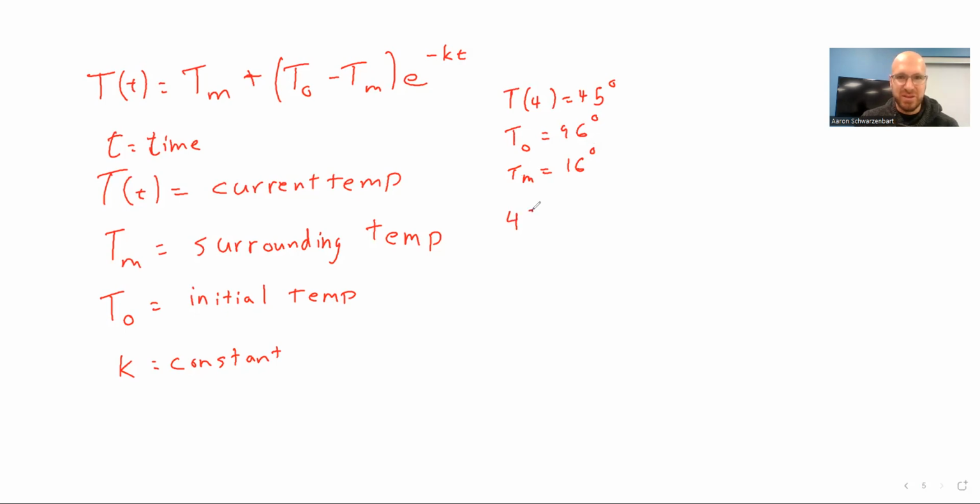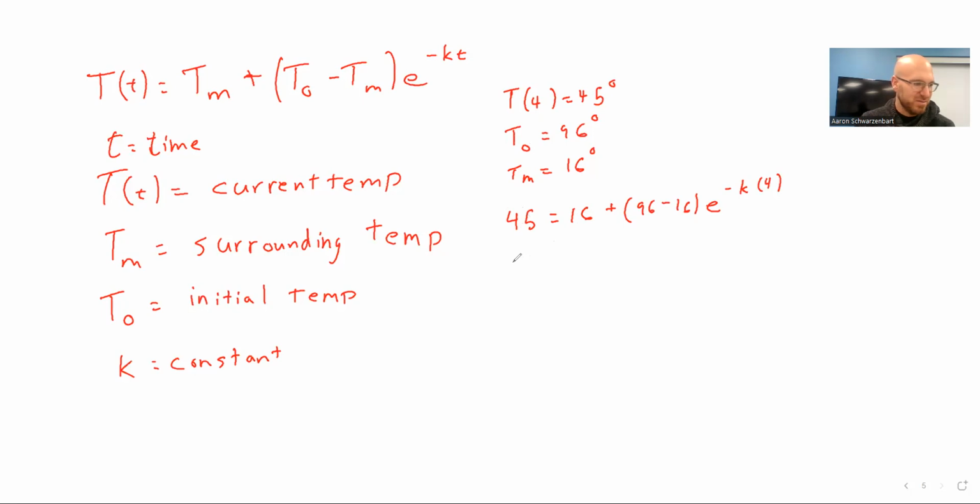So initially, I'm going to plug in knowing everything but K for this 4-minute case. So I plugged in that specific case. I'm asked when it equals 20, and we'll get to that in a second, but let's solve this.